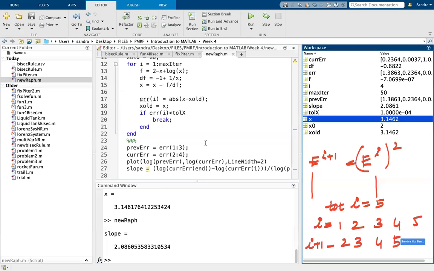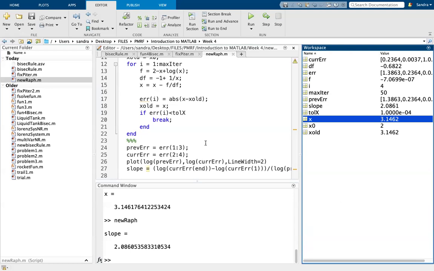So you plot this portion. This is your E_i, and this is your E_(i+1). You just plot the errors. Now, when you plot the errors, it will not be clear, so you take the log. When you take the log on both sides, you will have log here and this 2 will come in front.